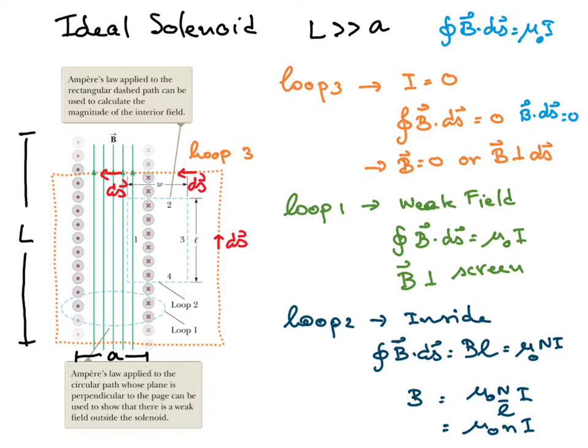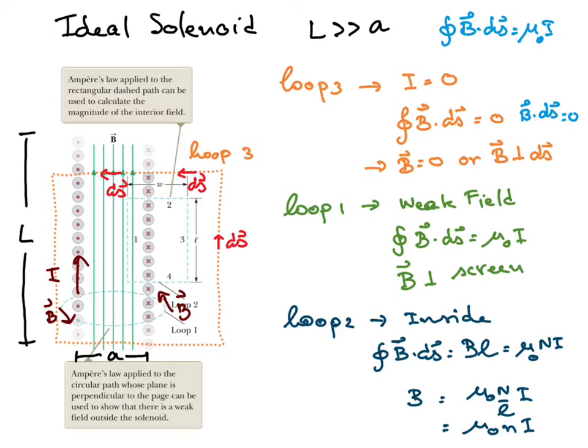So it means that if the net current in the solenoid points upward like this, if you put your thumb in the direction of I, the magnetic field will point in this direction.